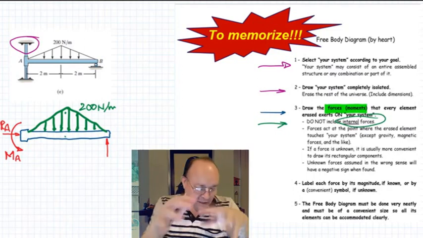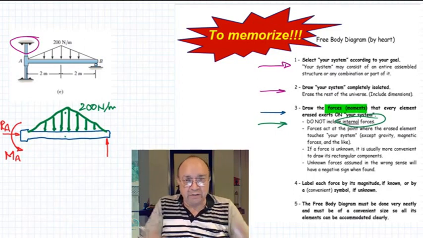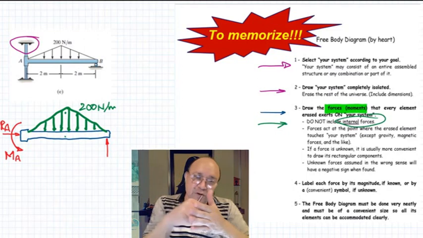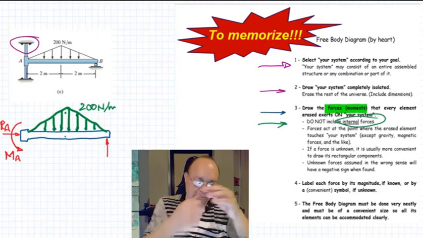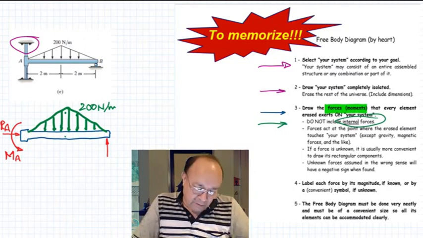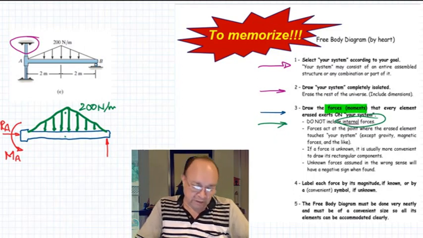But other than that, the elements that were touching your system apply force at the point of contact. What else? Unknown forces, assuming the wrong sense, will have a negative sign when found. We have discussed that already.